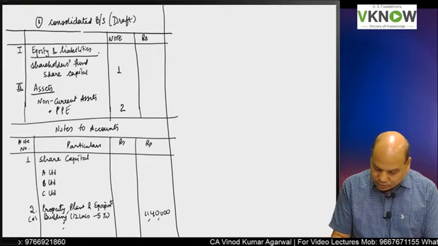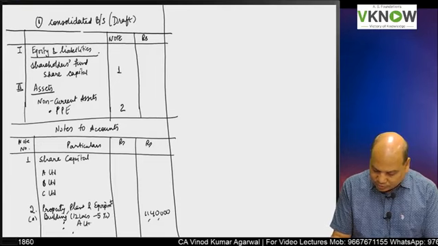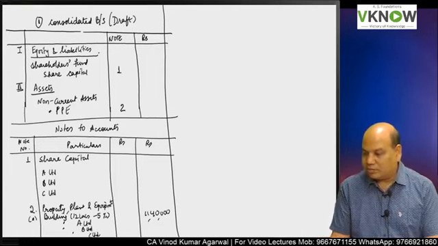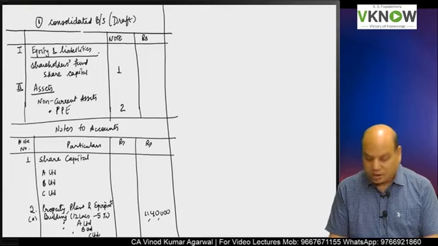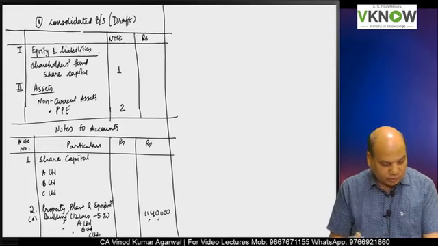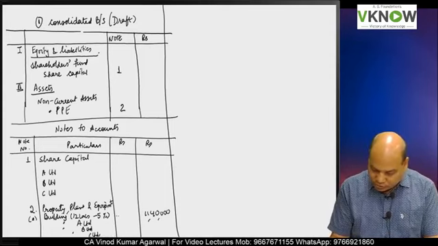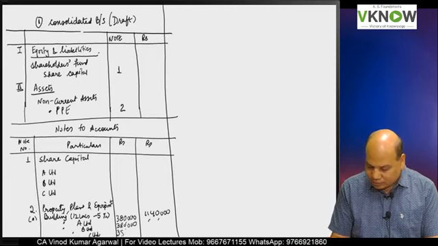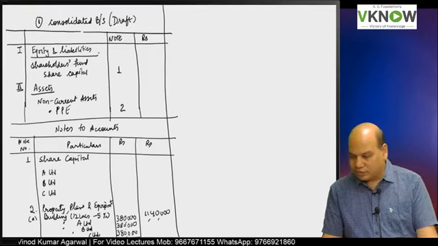And there are 3 venturers. So you write their names: A Limited, B Limited, C Limited. Right below, 11 lakh 40,000 divided by 3. So each venturer's share in the building is 3 lakh 80,000 each.